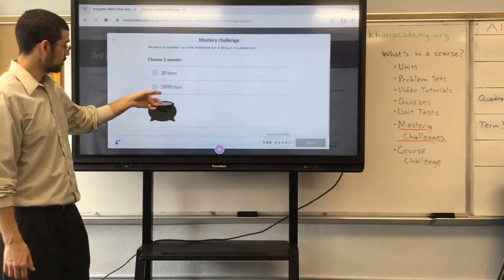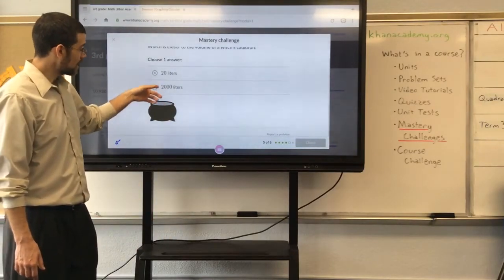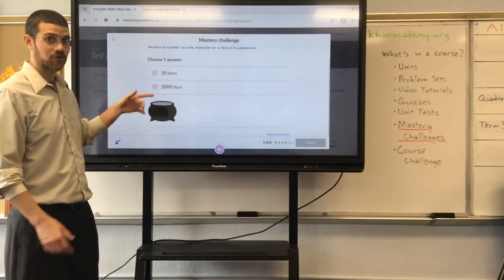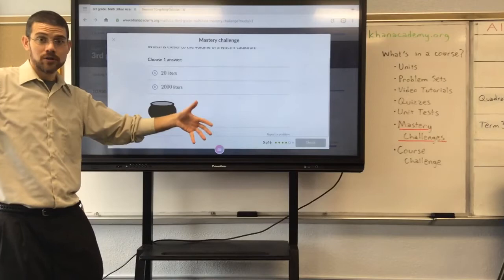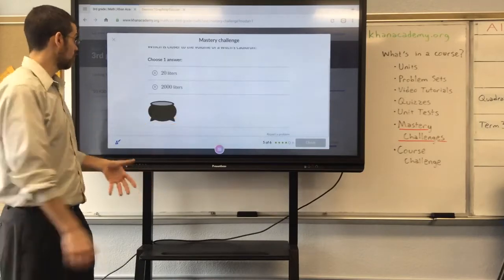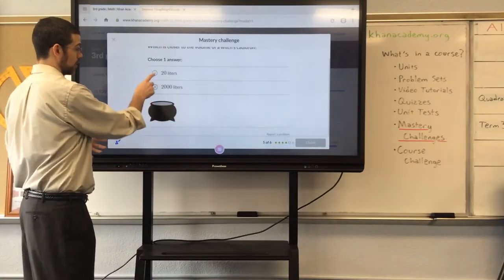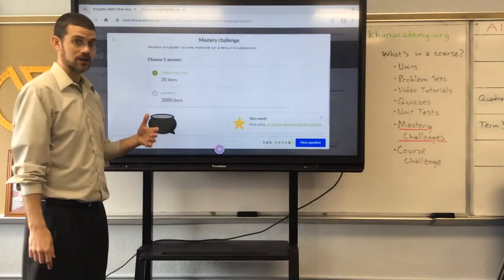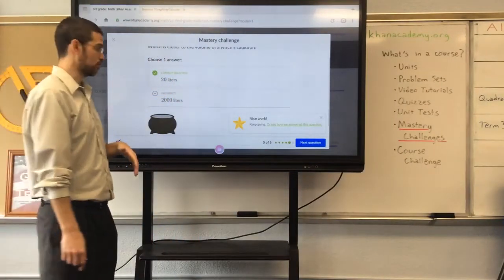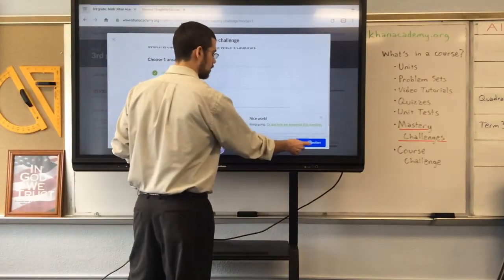Or 2,000, so that's 100 times as big as a 5-gallon bucket. That would be like a small play pool, swimming pool, right? So we're going to go at 20 liters. And that was our second question on volumes and appropriate units. All right.